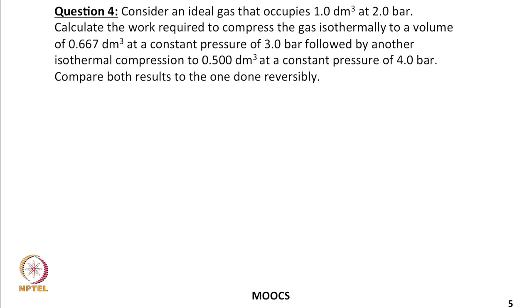Calculate the work required to compress the gas isothermally to a volume of 0.667 decimeter cube at a constant pressure of 3 bar, followed by another isothermal compression to 0.5 decimeter cube at a constant pressure of 4 bar. Compare both the results to the one done reversibly.